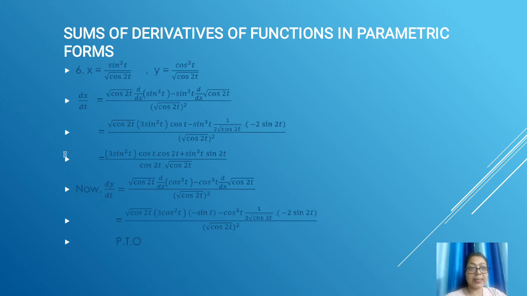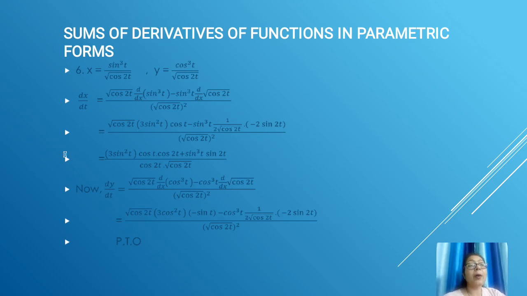Now question number 6. This is from NCERT only, but it is very important. X is equal to sin cube t by under root cos twice t. Y is equal to cos cube t by under root cos twice t. Next we have to find out the derivative of x with respect to t. So dx dt, use the u by v formula, that is the quotient rule.